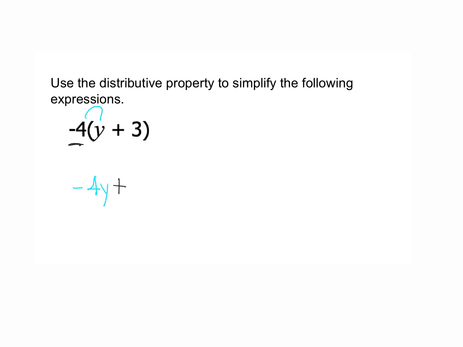And then I'm going to multiply it by 3. So we have negative 4 times 3, which is negative 12. And if you want to rewrite it like this, you can, where you can rewrite it as negative 4y minus 12.